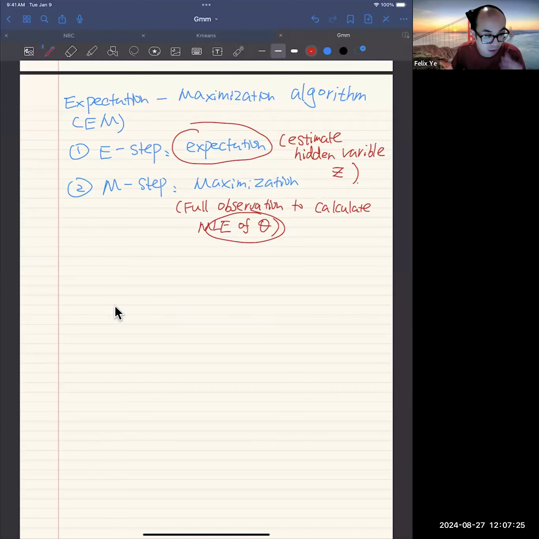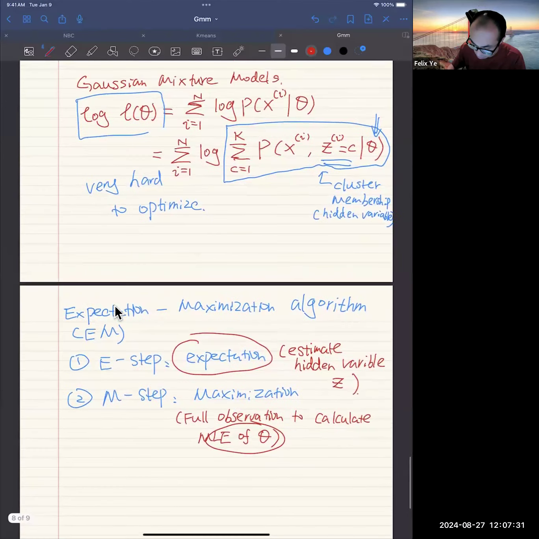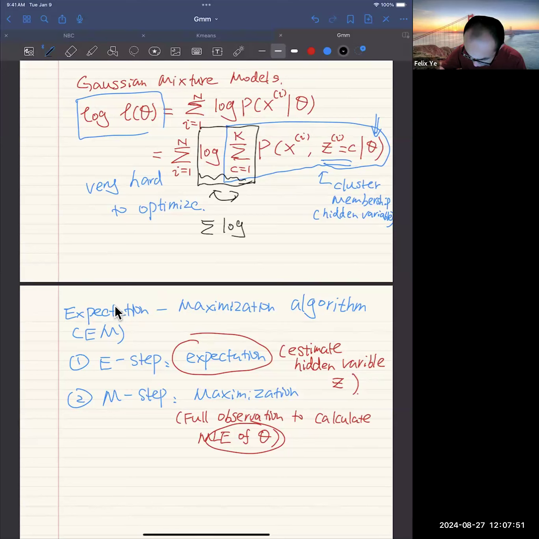So here is the trick. Why everything is so difficult here is because we have the logarithm of a summation. This part is very hard to work with. If we could switch the order of the summation and the logarithm, it would be significantly easier.